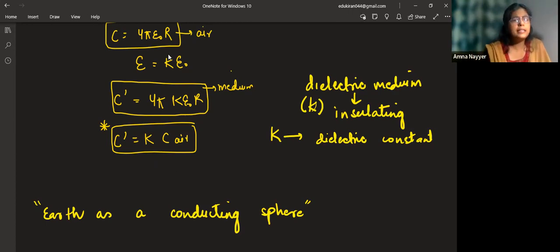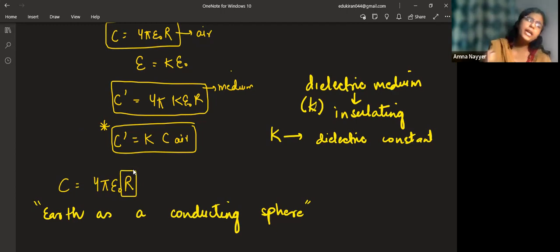The formula in air is 4 pi epsilon naught R. Suppose the sphere we are talking about is the earth and the medium is air. 4 is a constant, pi is a constant, epsilon naught also is a constant. In the formula C is equal to 4 pi epsilon naught R, only this R is unknown. If you change the value of R, your capacitance will change.